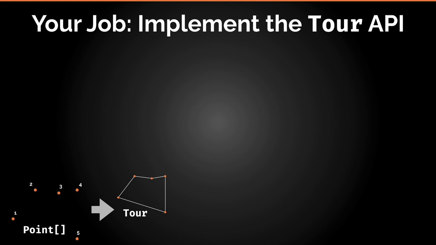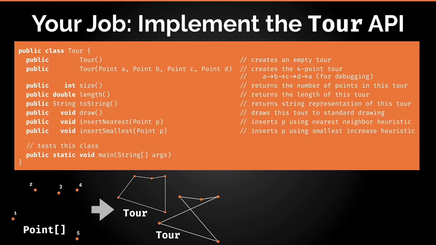So your job is to implement this tour of points. That tour could have crossings or not. The crossings are very normal with the nearest neighbor implementation. So this is the API.